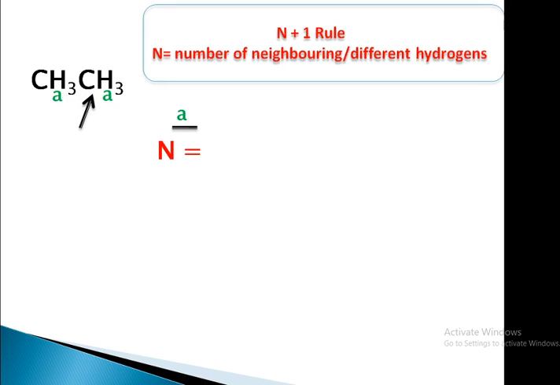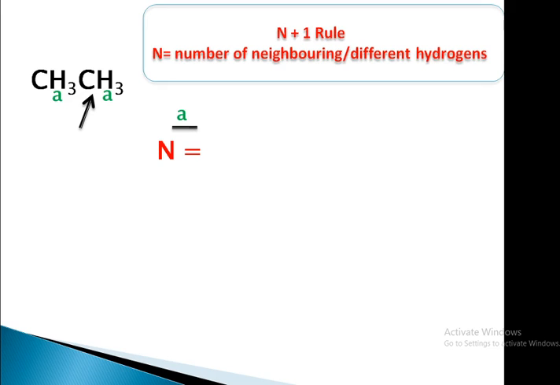Now let us take another example, CH3 CH3. Here we have only one kind of proton, both are A. This is a symmetric molecule, so both are A. If you see the value of n, this is the A type proton, and this is bonded to this carbon, that is bonded to another carbon, and these are the three hydrogens.